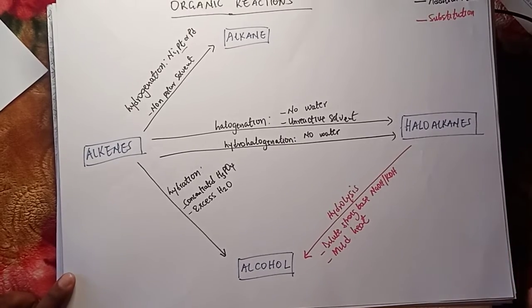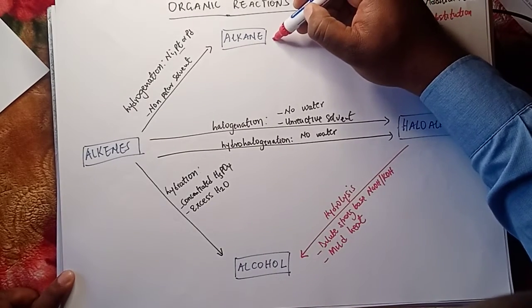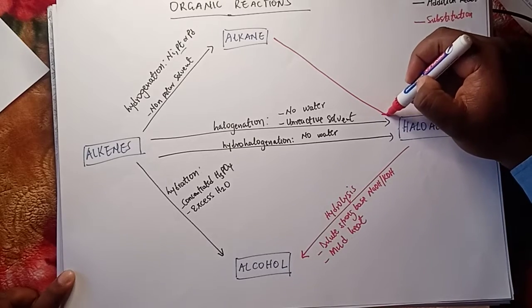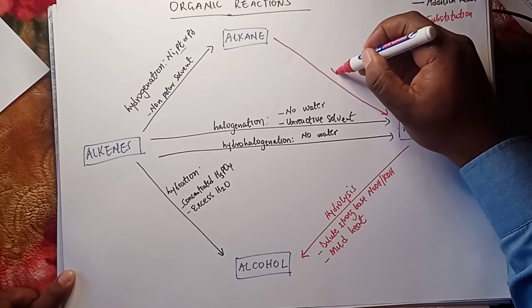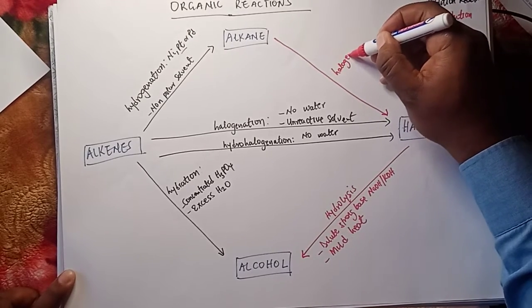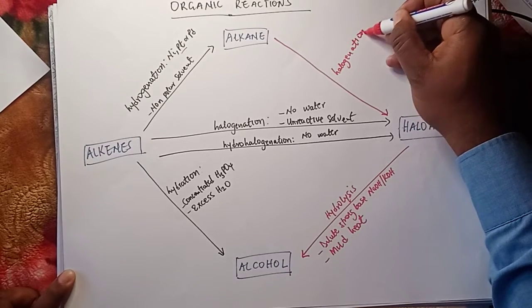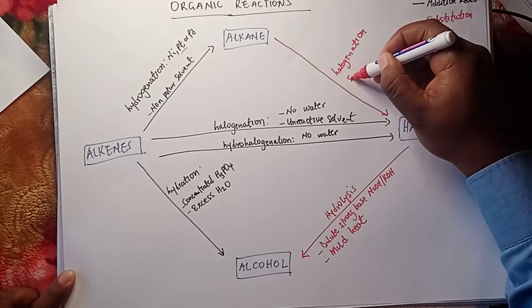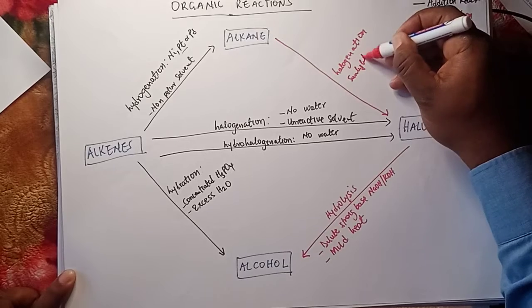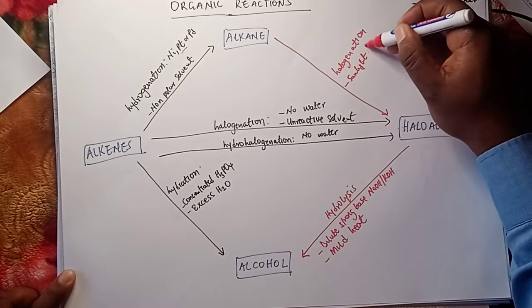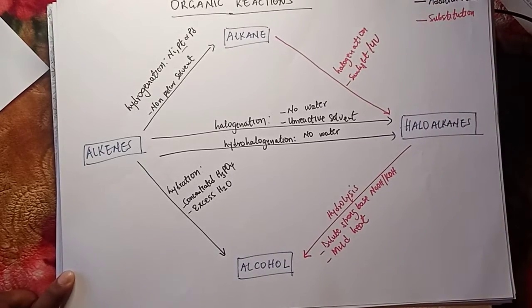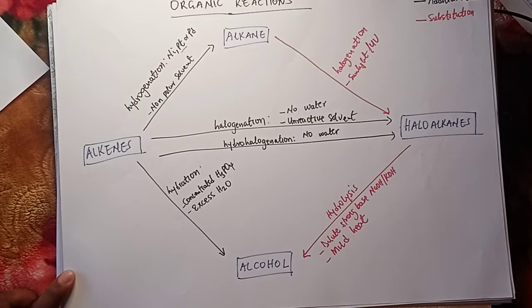Another important one is from alkane to haloalkane, halogenation. For this one, you normally use sunlight; the UV light from the sunlight provides enough energy for this reaction to take place.